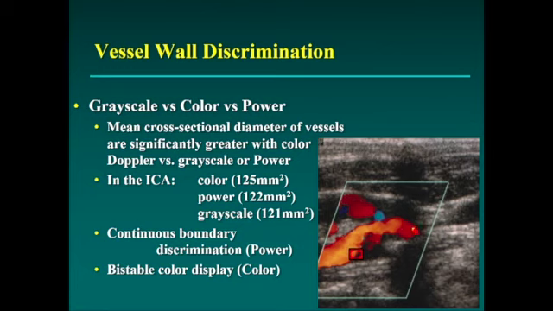And what's happening here is, it's the mean velocity within that pixel that's represented. So that pixel, if it overwrites the wall, will be all written the same color. And as a result, you will get larger diameters or measurable diameters with color Doppler than you will get with power or grayscale, and that is statistically significant. This is a study we did some time ago, and it's not a lot, but it is certainly real.